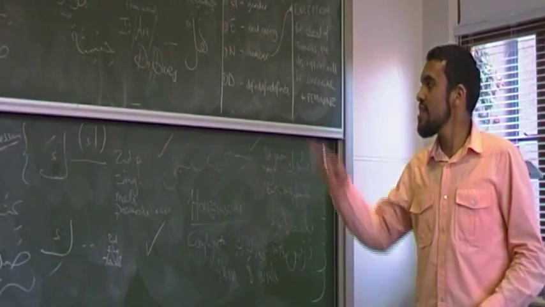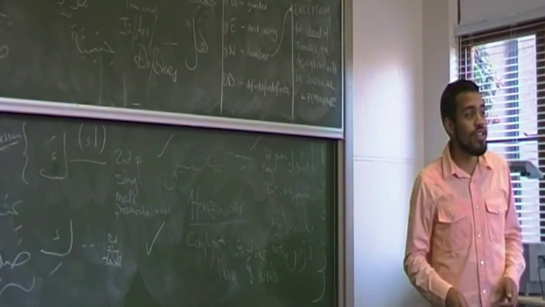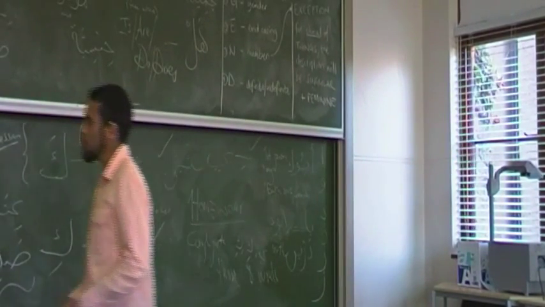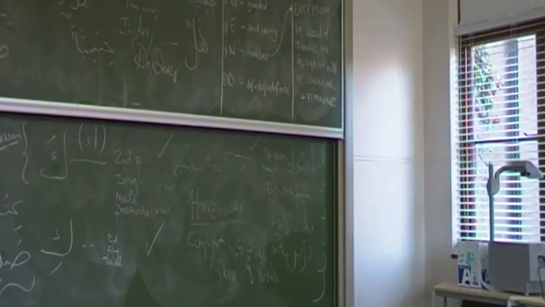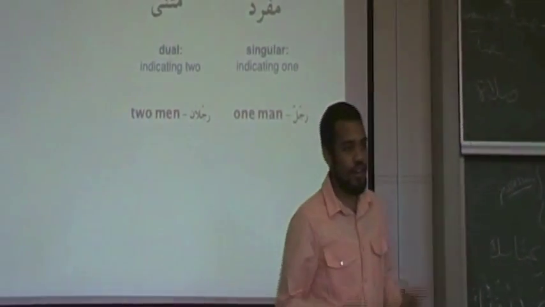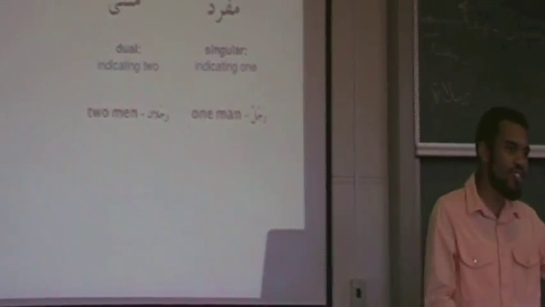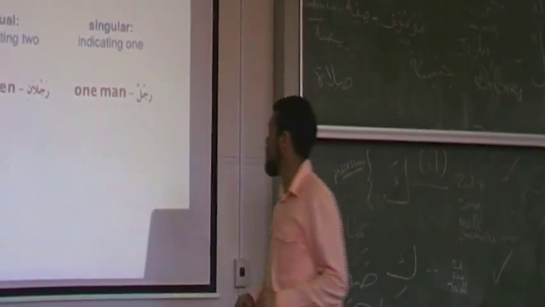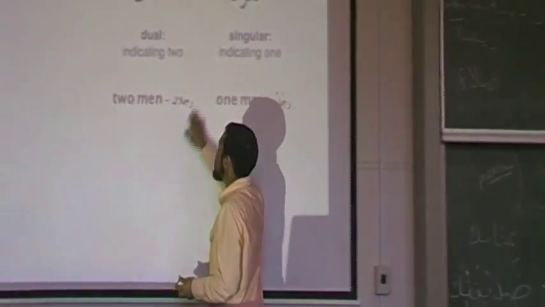So singular is, for example, the word rajulun. Everybody say? Rajulun. Now the dual form of the word doesn't break the structure. The dual form doesn't break the ra, jim and lam. Rajulun stays rajulun. We just change it a little bit, but we don't break up ra, jim and lam when we make it dual, so we can see something that indicates 2.